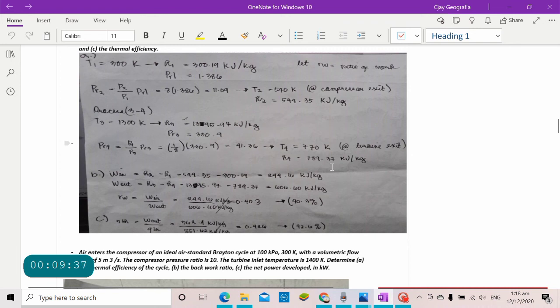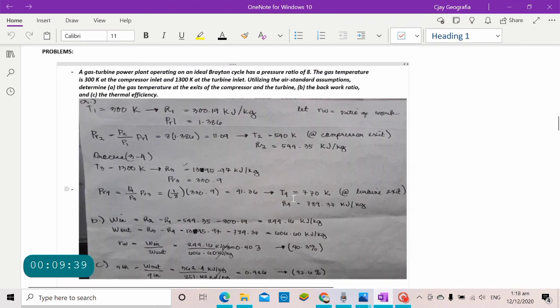So first we can solve for the gas temperature at the exits of the compressor and the turbine. For the given temperature, we use the ideal gas properties table, with the values under H1 and PR1.